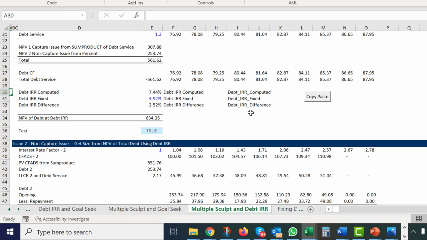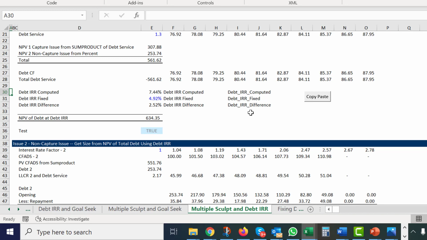Now, there are about 3 or 4 other things in sculpting that can get really quite complicated. What I am trying to do, and I think I'm just about there, is for these things with multiple debt issues, maybe even with different currencies, where sometimes you get the fixed amount of debt, not the varying debt, and you have to compute these curved DSCRs.